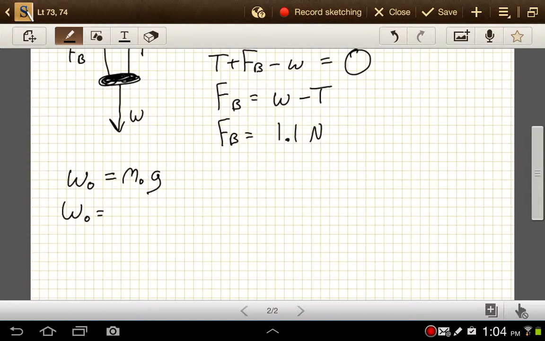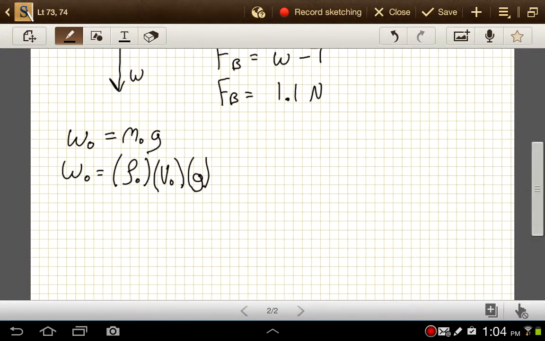We know that the weight is exactly equal to the density of the object times the volume of the object times gravity. Or it might be useful to express this as V_O, the volume of the object, is equal to the weight of the object divided by the density of the object times g.